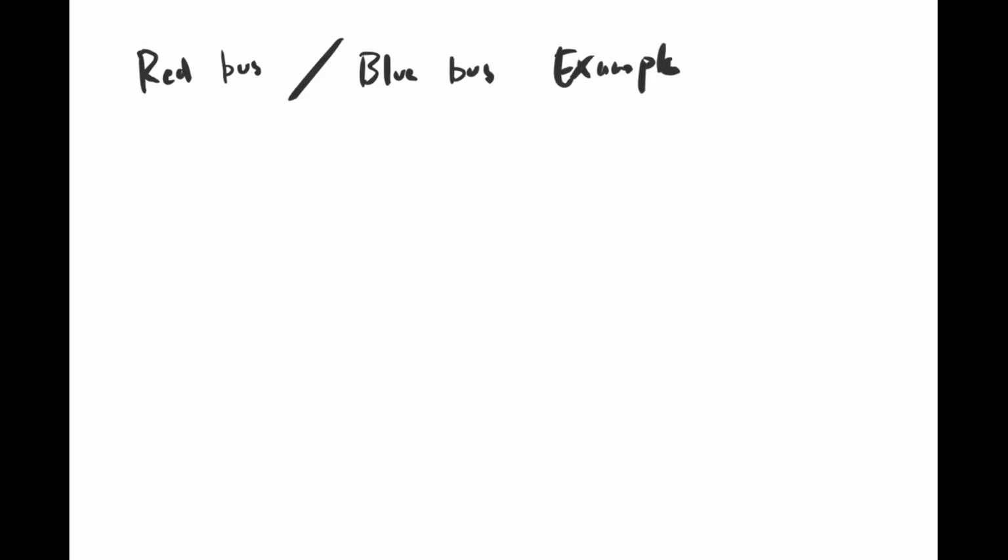Suppose you have a commute from home to work, and the probability that you choose a car is equal to 0.5, and the probability that you choose a bus, and not just any bus, a red bus, is equal to 0.5.